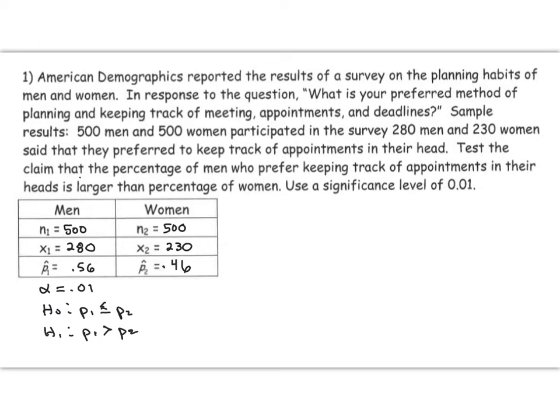So if I draw a picture of what that looks like, here's my normal curve. This is going to be a right tail test because my alternative hypothesis is pointing in the direction of my test. And this value up here is 0.01. That's alpha. So I need to find the z-score that goes with that. And z alpha in this case equals 2.33.